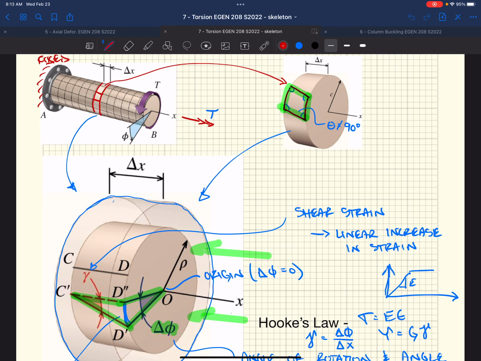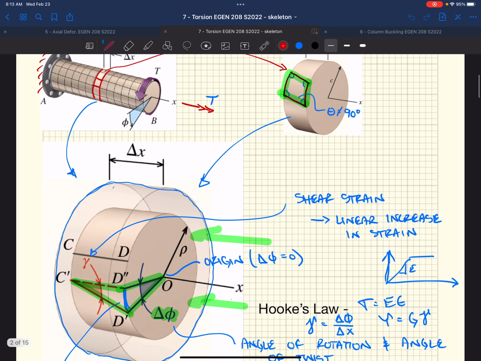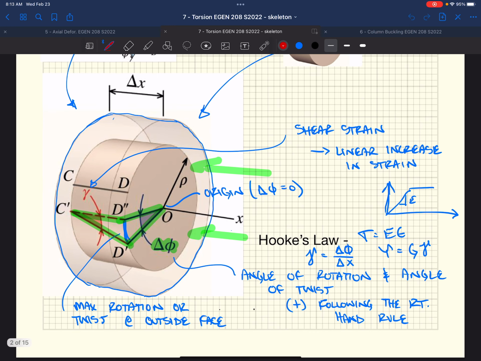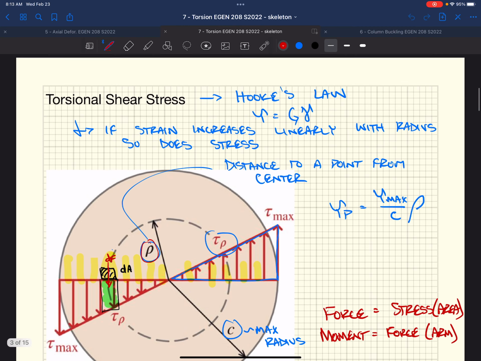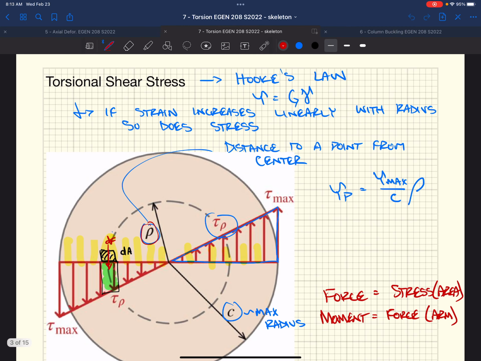I don't expect you to know a whole lot. You don't have to keep a whole lot of that in your head. The big thing out of this is that we have a relationship between the shear stress applied and the applied torque.